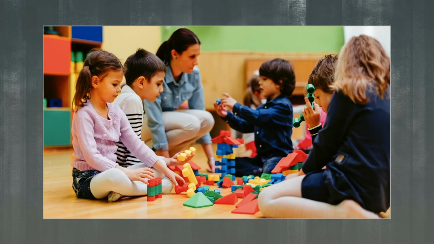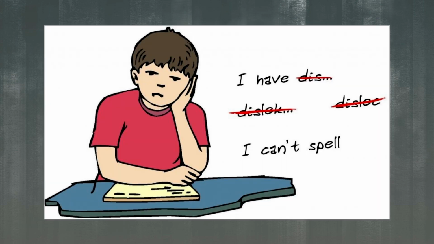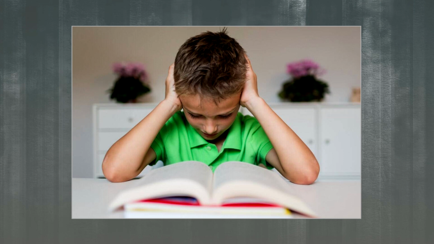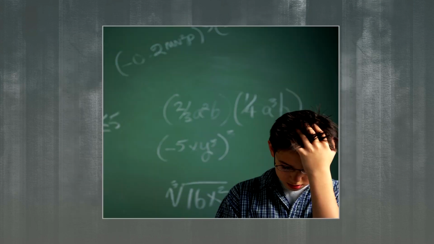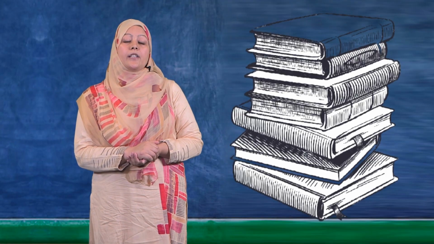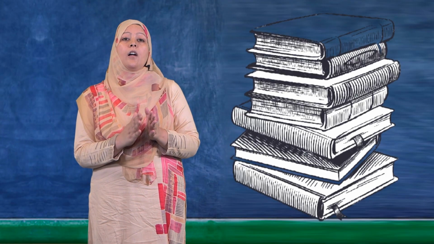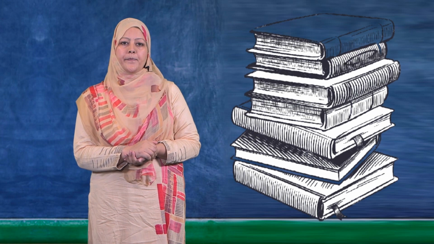Learning disabilities look very different from one child to another. One child may struggle with reading and spelling, while another loves books but can't understand maths. Still another child may have difficulty understanding what others are saying or communicating out loud. The problems are very different, but they are all learning disorders.